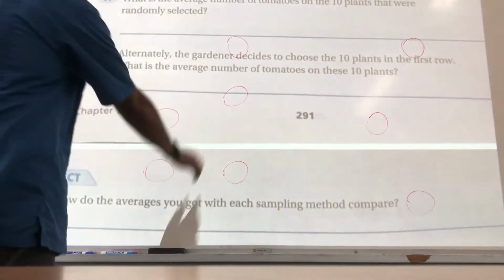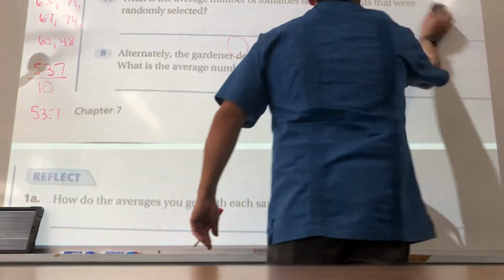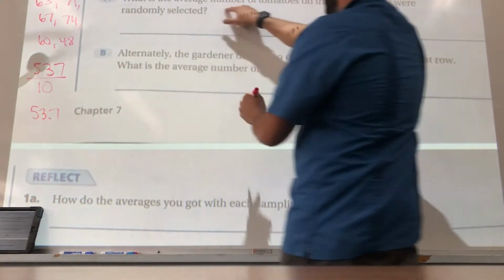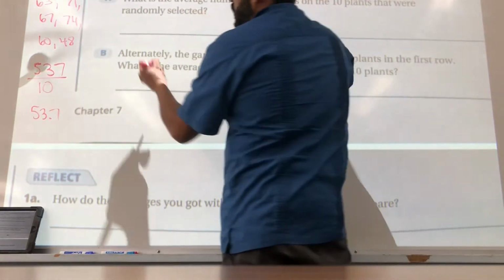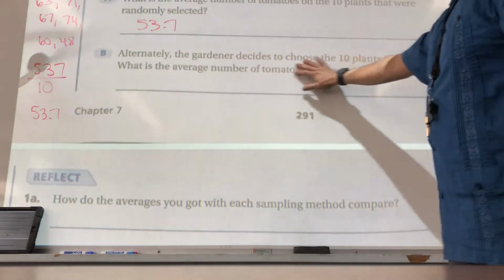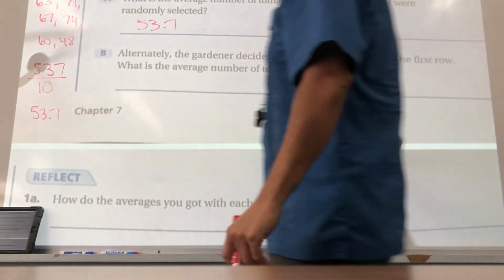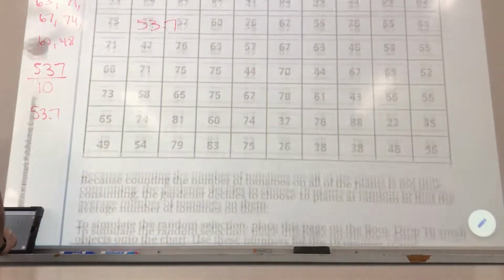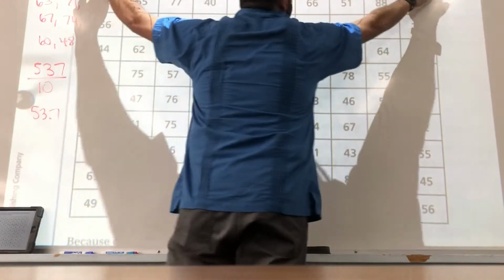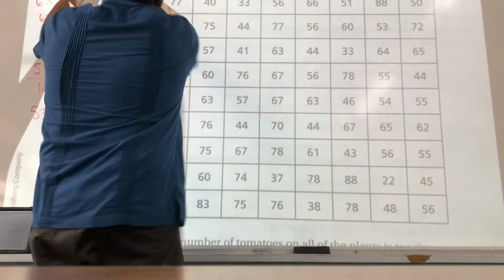So, let me erase these little circles since we don't need them anymore, these tomatoes. I just randomly chose red, people. Okay, so what is the average number of tomatoes on the 10 plants that were randomly chosen? 53.7. Alternatively, the gardener decides to choose the 10 plants in the first row. What is the average number of tomatoes on the 10 plants? So, first row, I'm going to go this way: rows, columns.